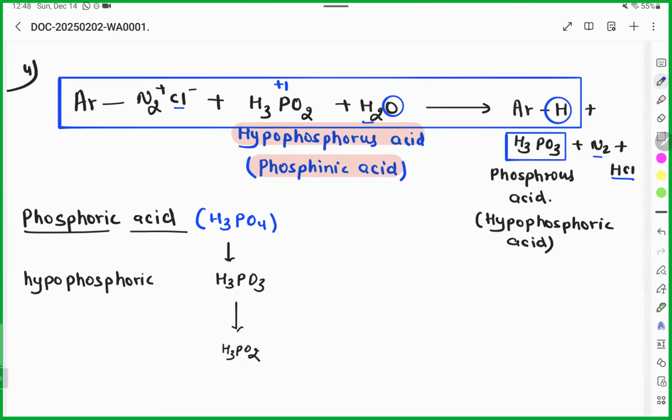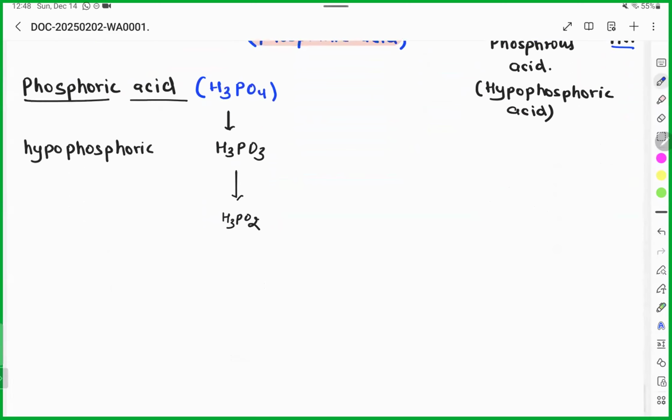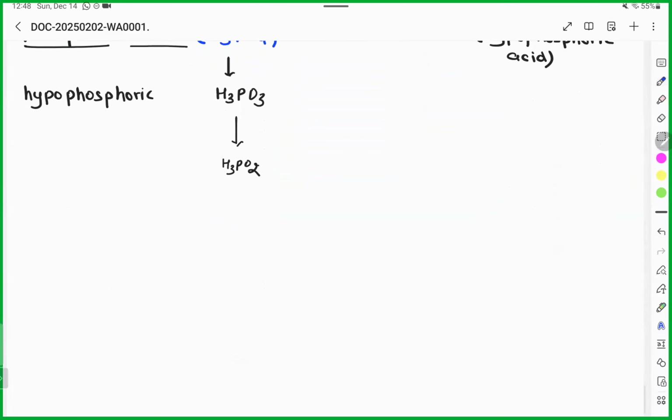It will form a simple benzene ring. And almost the same thing happens if you take alcohol. Example, if you take the same diazonium salt in presence of alcohol, CH3CH2OH, what will happen?